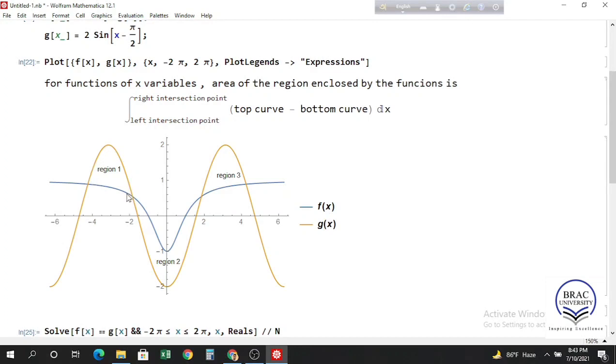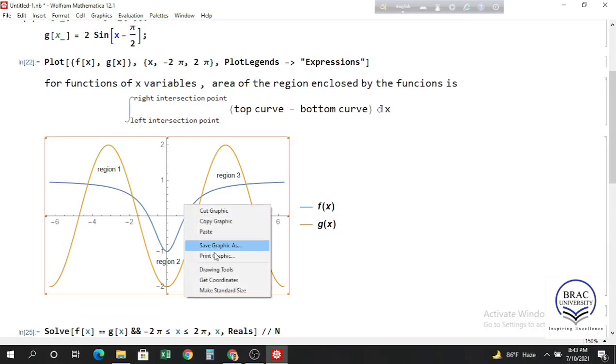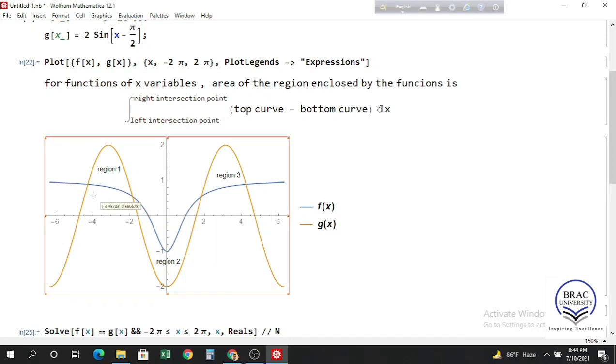For region 1, this is the left intersection point. If you right click on the graph and choose get coordinates, we can see the coordinate value of this intersection point. The x value is minus 4.2, and we only need the x value. We set the x value as the lower limit of this integration.